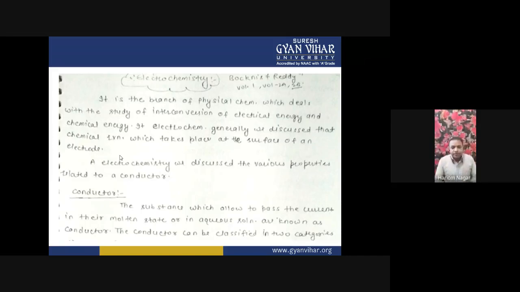Generally, reduction occurs at the cathode, while at the anode the oxidation process occurs. Oxidation and reduction reactions take place at the anode and cathode respectively.